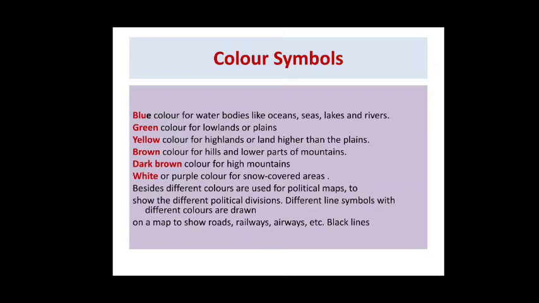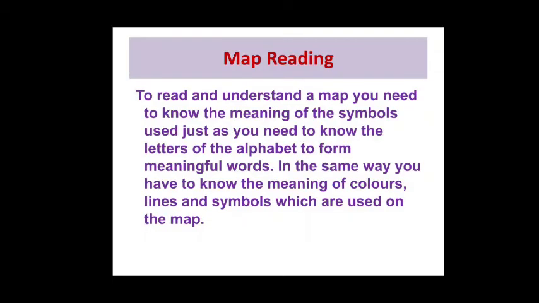Different lines and symbols with different colors are drawn on a map to show roads, railways, airways. Black lines show boundaries, and red lines are roads. Red color shows the directions of roads.